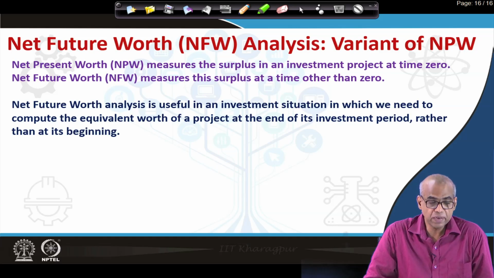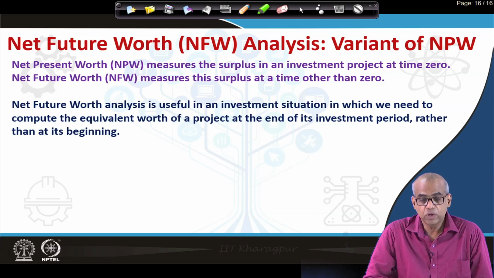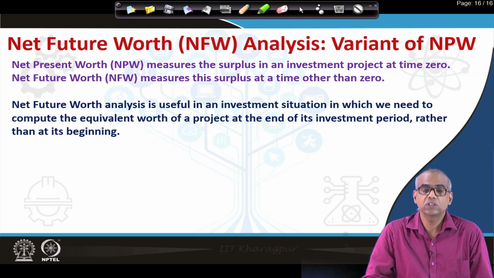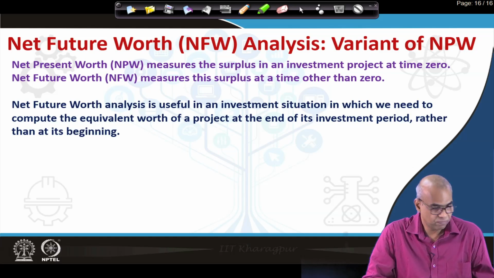So, in case of net present worth method, you have seen that we compute the equivalent amount at the beginning of the project, but for net future worth analysis, we will do the computation at a future time rather than the beginning time.